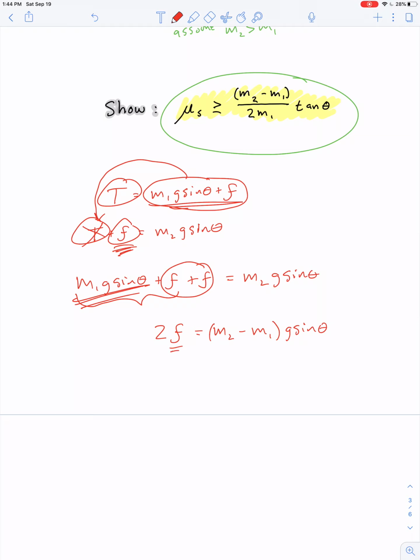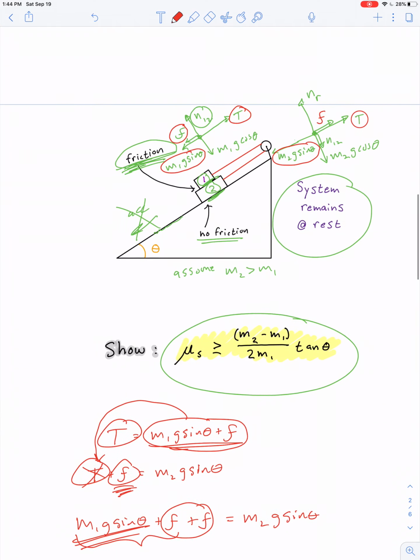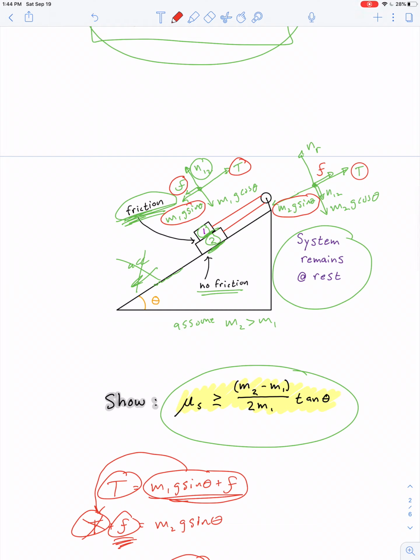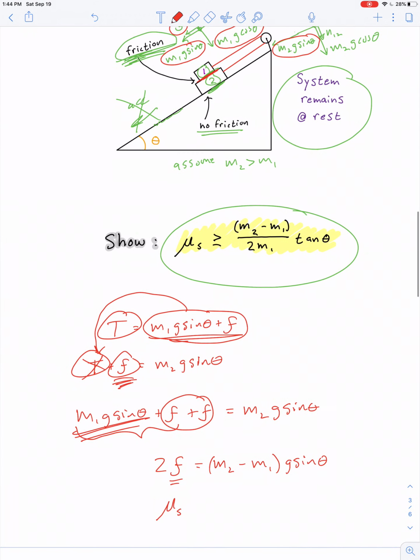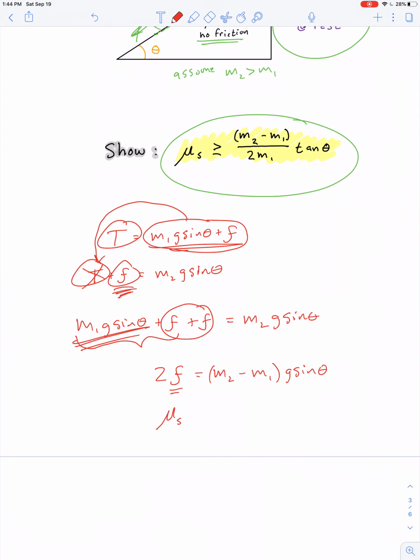What can we substitute for force of friction? That's mu static multiplied by normal force. Now, which normal force? It's not the normal force of the ramp that determines the amount of friction force between blocks 1 and 2. It's this normal force we're labeling as N12, which in turn must be equal to m1g cosine theta. So if we call this mu static times normal force of contact between blocks 1 and 2, we're multiplying all that times 2.